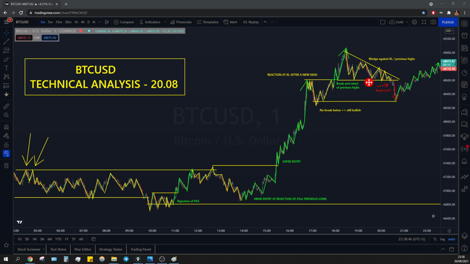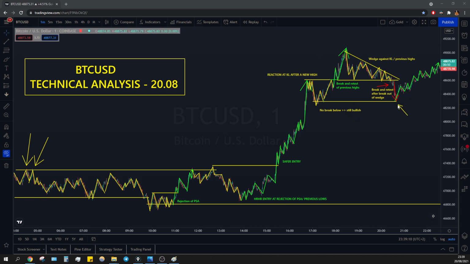Break and retest after the breakout of the wedge. Wedge. Easy peasy.